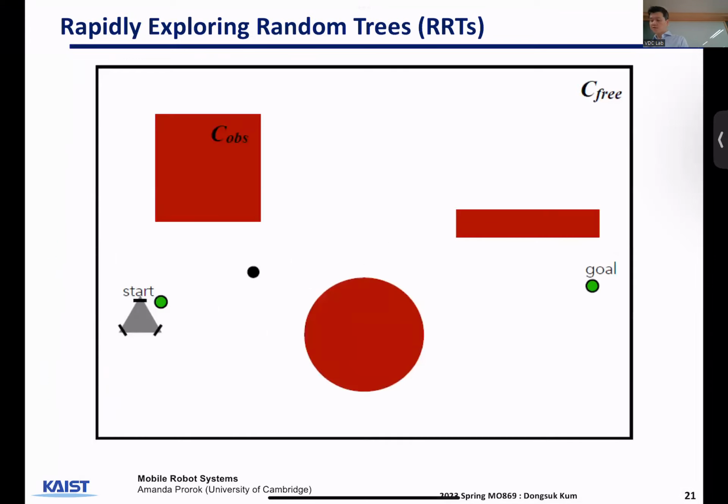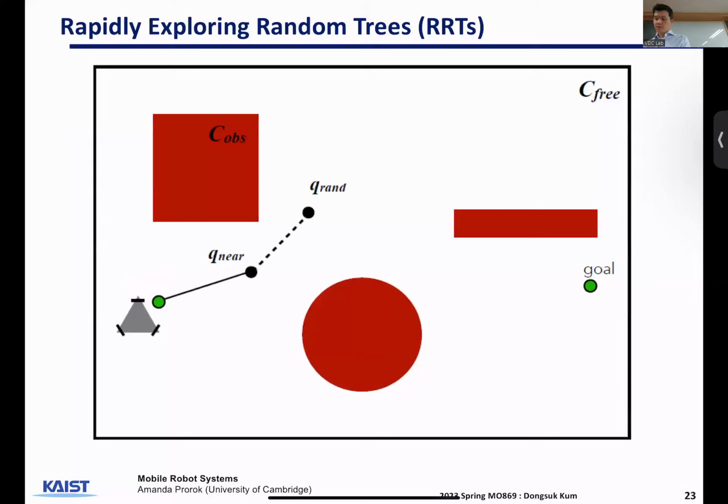So let me explain using figures. You're going to start here. Instead of constructing the entire roadmap, like we did in PRM, we are going to create trees as we go. We are going to sample these nodes, which is from a decision-making point of view, a tree.